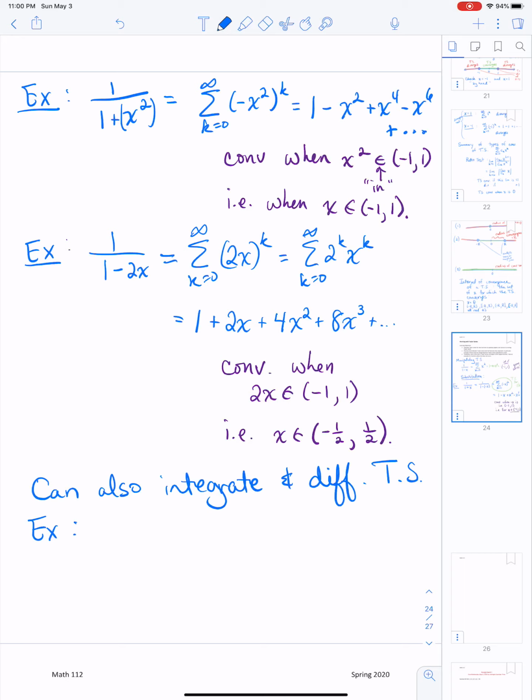Let's consider the example 1 over 1 minus x. We know that Taylor series very well. So if we differentiate 1 over 1 minus x, we end up with 1 over 1 minus x squared.